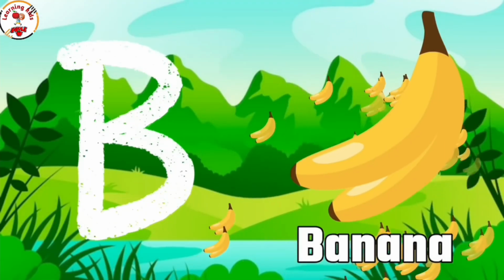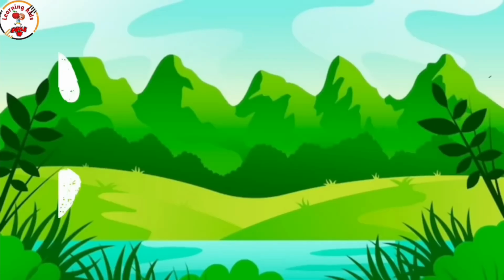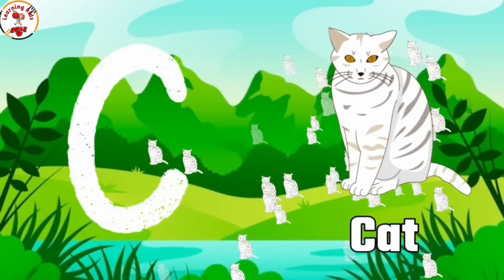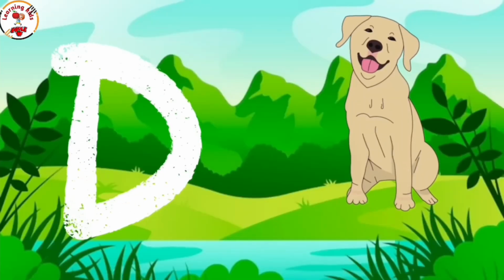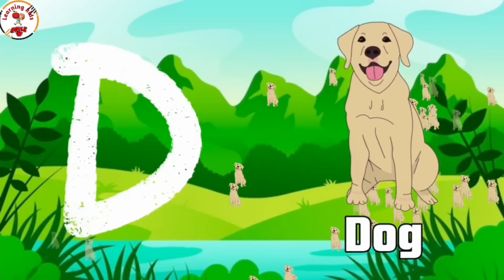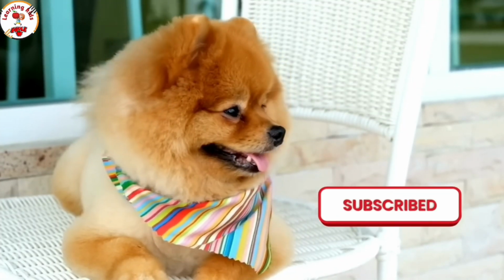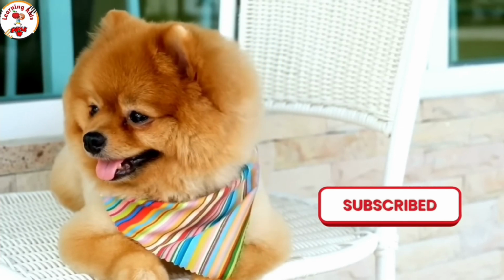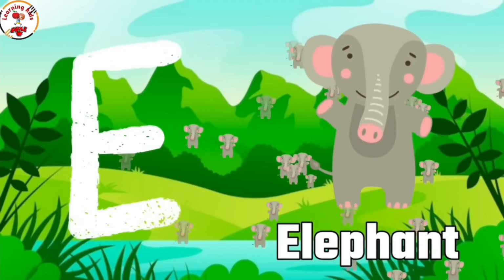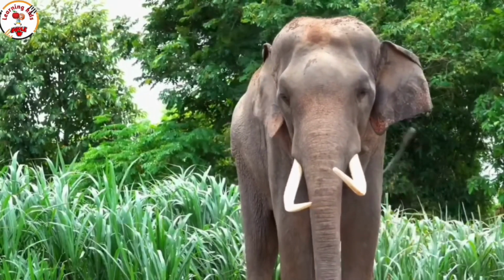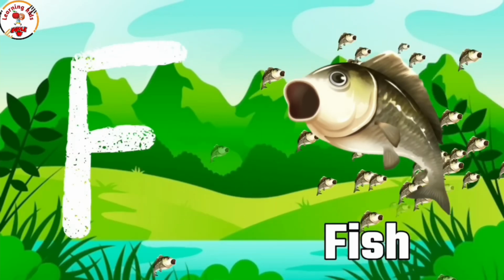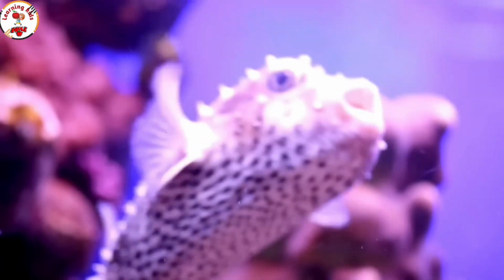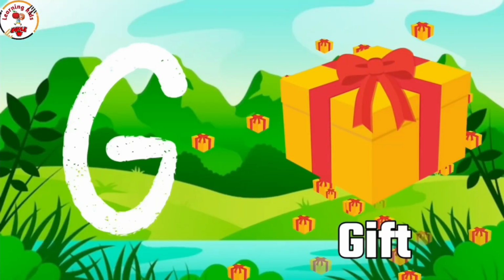A for apple. B for banana. C for cat. D for dog. E for elephant. F for fish. G for gift.